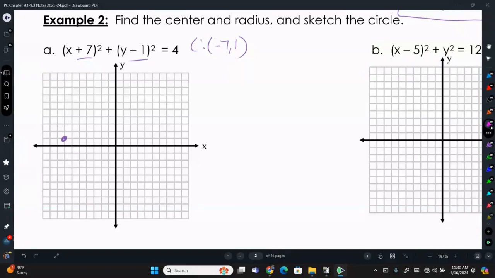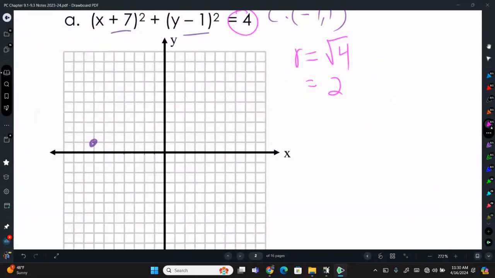Our radius is going to be the square root of 4 because this is r squared. So radius is 2. So the way I graph it is from here, I go up 2, make a dot. From the center, I go left 2, make a dot. From here, I go down 2, make a dot. Right 2, make a dot. And that gives me the circle.